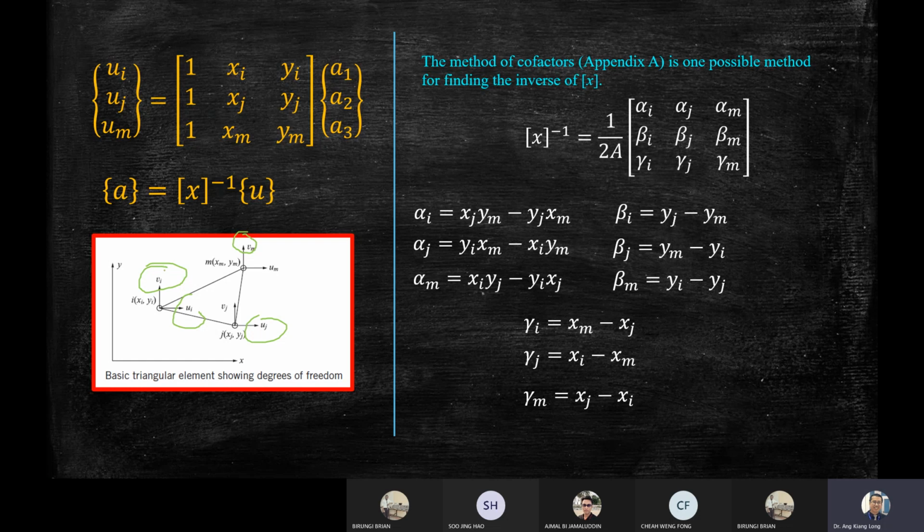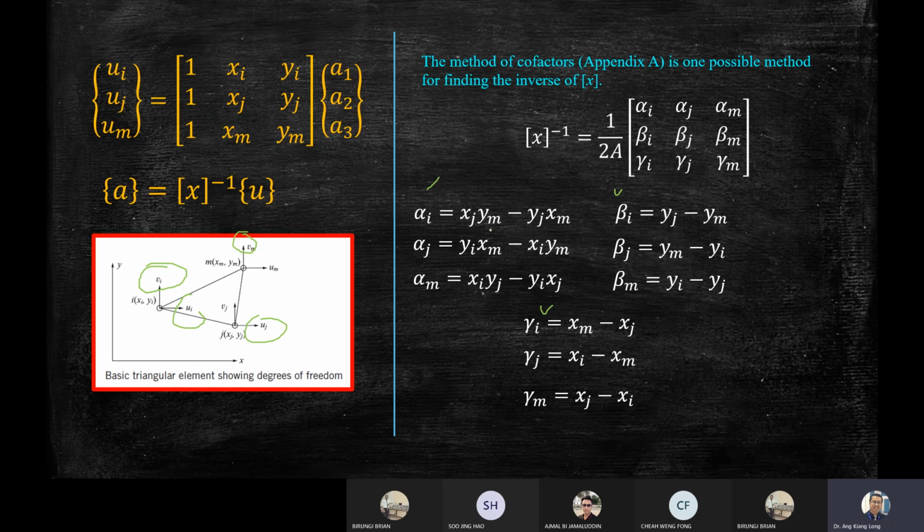We are now at chapter 7, heat transfer. So this is not relevant. The U and V are not relevant. You are looking at temperature now. So what is the constant value that you can recycle is the alpha value, beta value, and gamma value. So you are given all these numbers here.